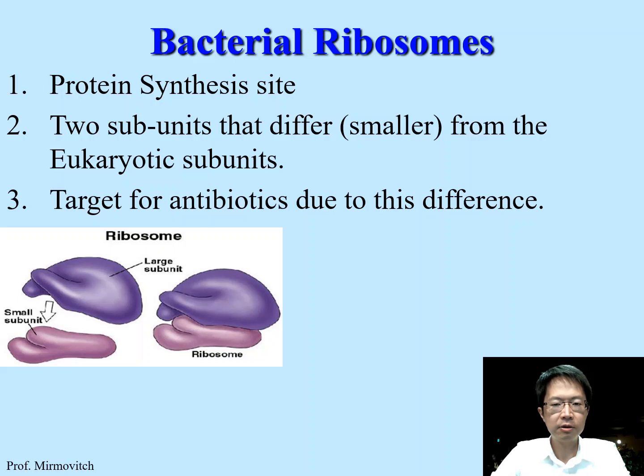So bacterial ribosomes do protein synthesis. And they have two subunits. One is called large, one is called small.